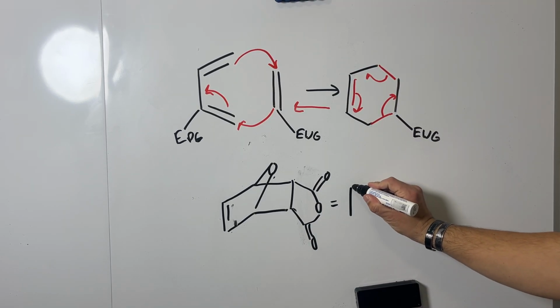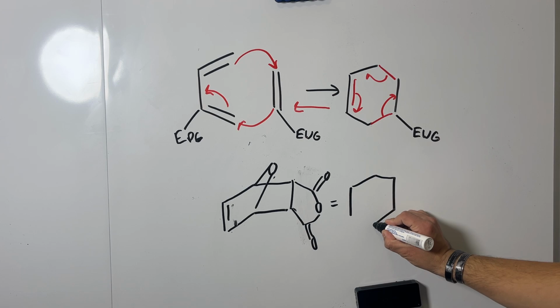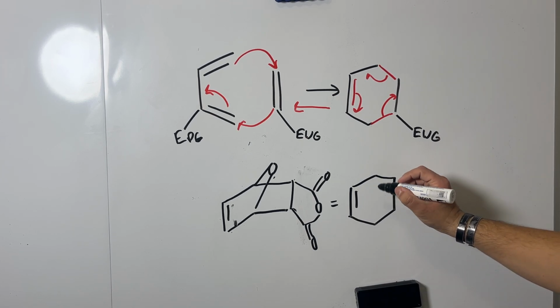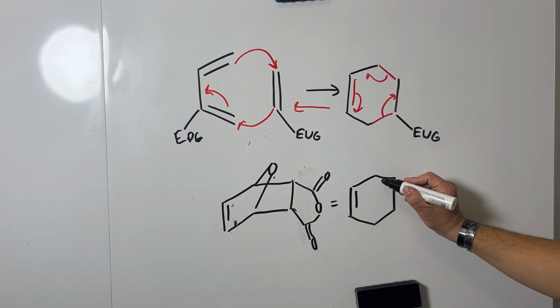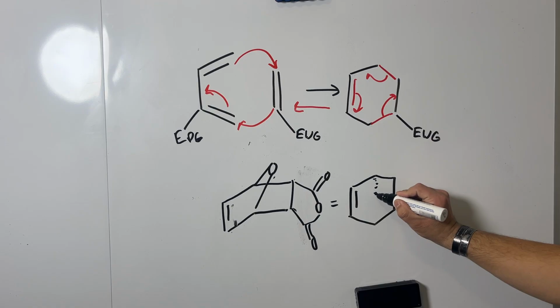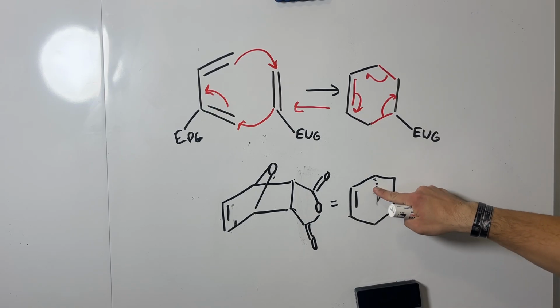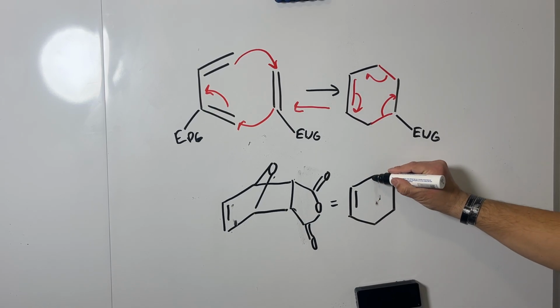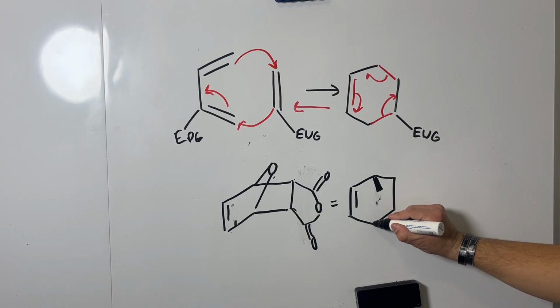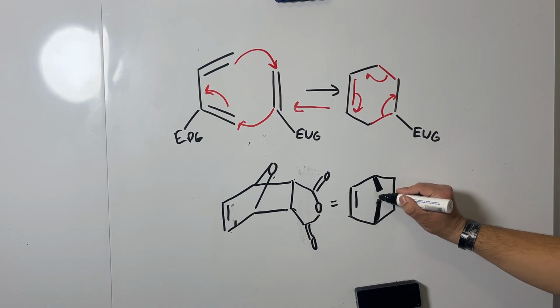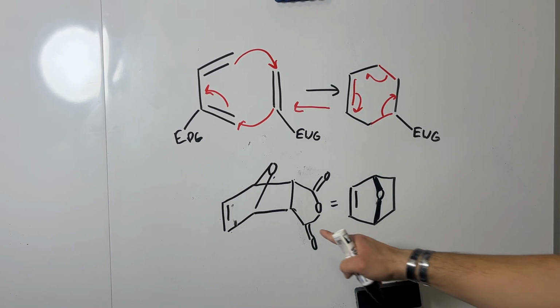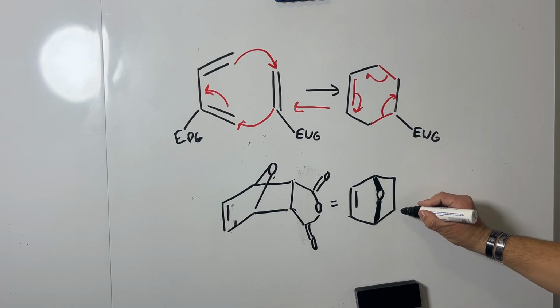So we have our cyclohexene right here. Now our bridgehead oxygen is coming out at us, so we're going to put that on wedges so you know it's coming at us. Now these are going down, so we need to put these on dashes.